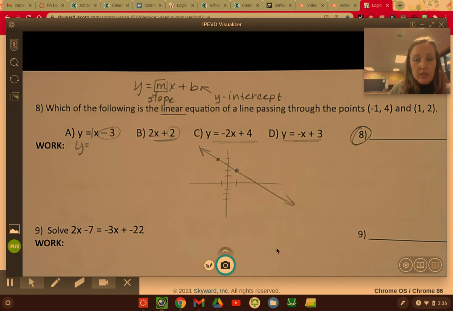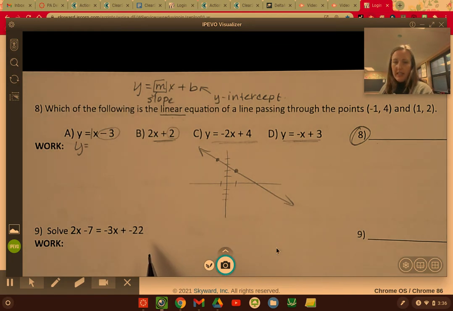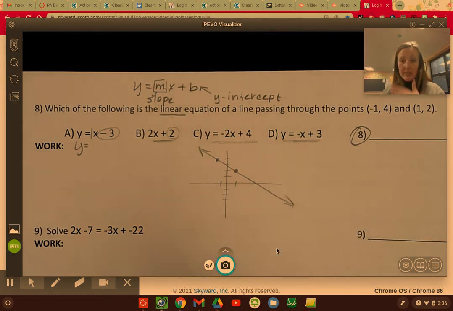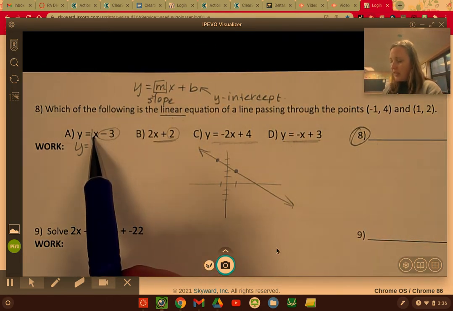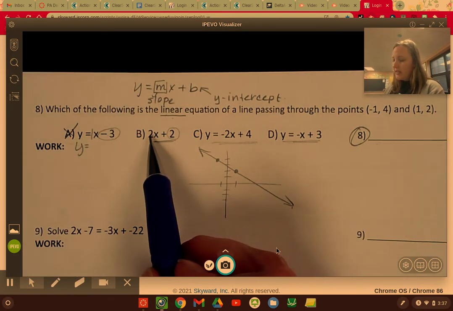But then here's what you're going to do. You're going to say, wait a minute. This slope, is it positive or is it negative? This line is negative. It goes down from left to right. So that means my slope, or my m, has to be a negative number. Is this a negative? No. So I'm definitely marking that one out. Is this a negative?